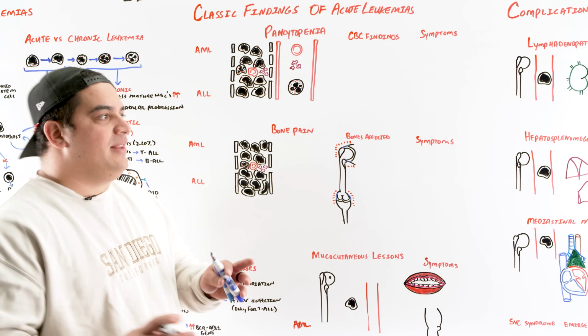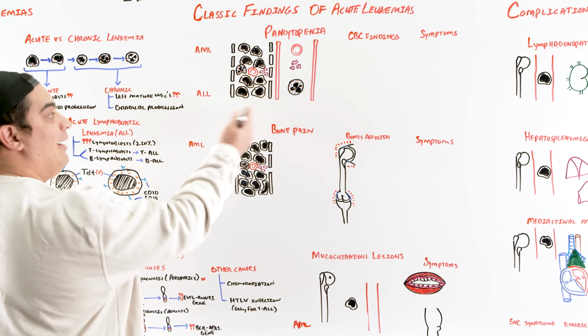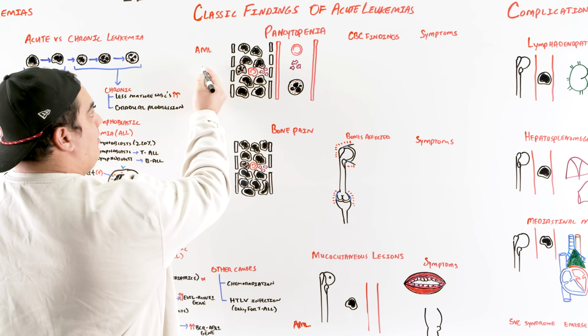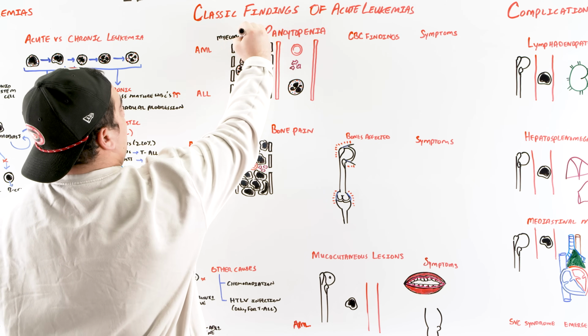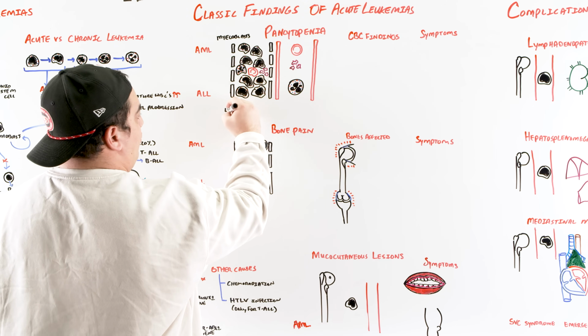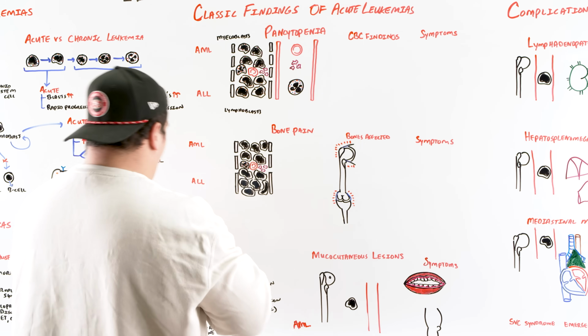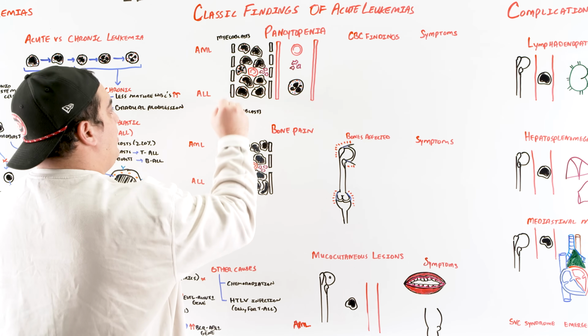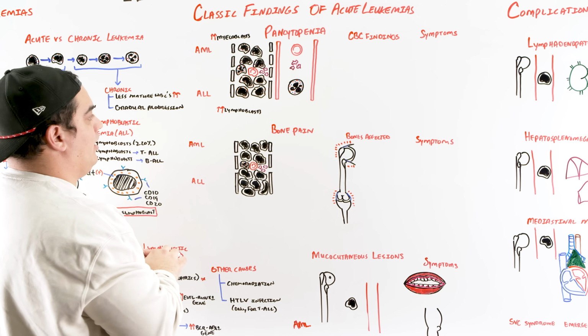The concept behind this is that regardless if it's AML or ALL, they both have a hypercellular bone marrow. For AML, their bone marrow is filled with myeloblasts, whereas if it's ALL, it's filled with lymphoblasts. Now, when you have all of these building up in the bone marrow, they take up a lot of space. They're pretty chunky cells, right?